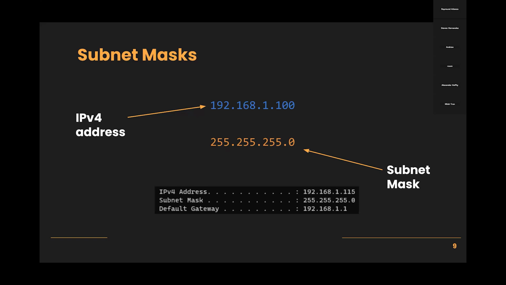So any device on this network will have a network ID of 192.168.1, and the last number can change depending on which device it is. Oh, in the chat, a default gateway is essentially the default path traffic goes in when it's leaving a local network.